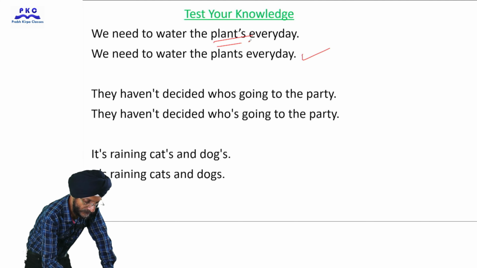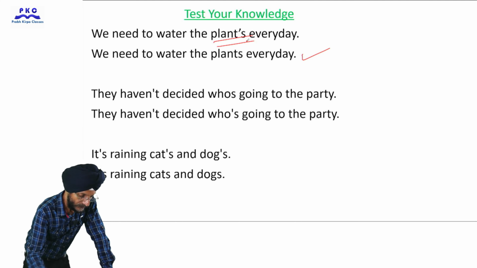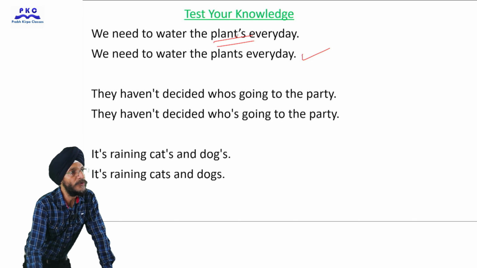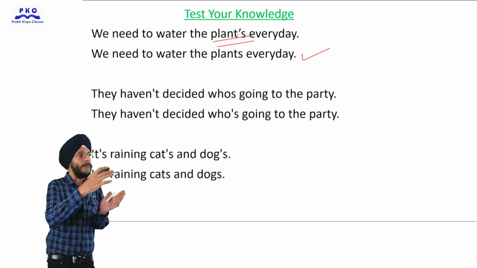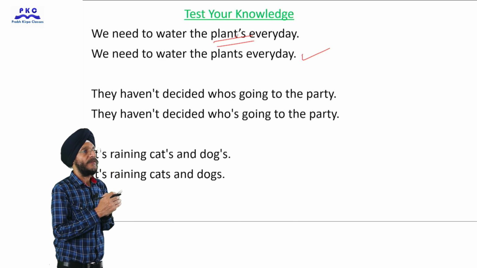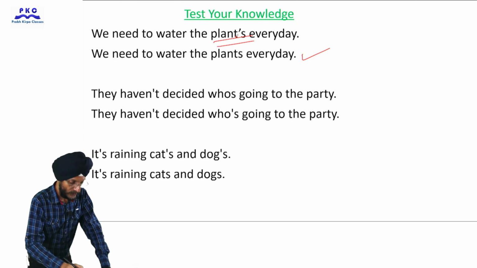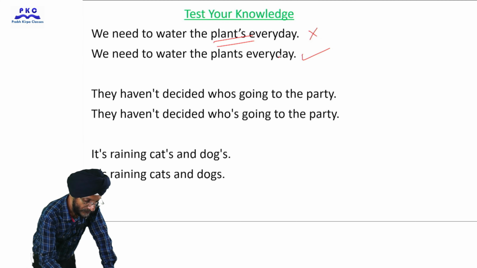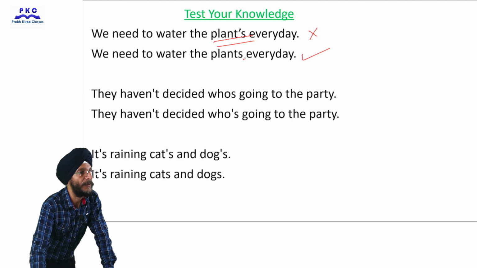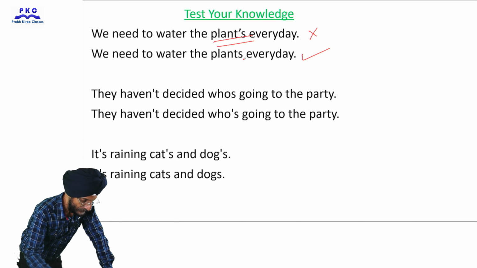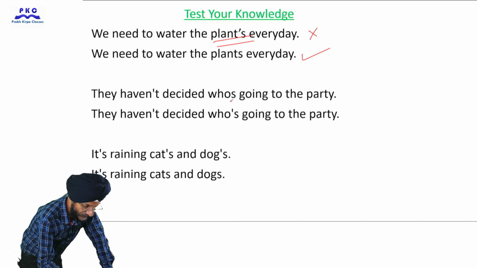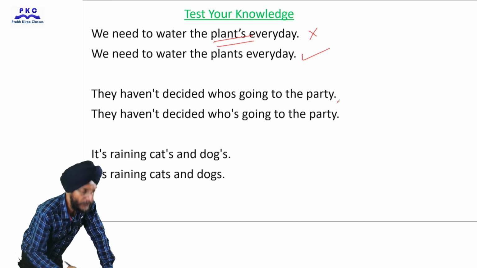If we write in this way, plant apostrophe s, it means possession of the plant, or the plant's possession of something. So it is wrong. It is okay: we need to water the plants every day. They haven't decided who's going to the party.